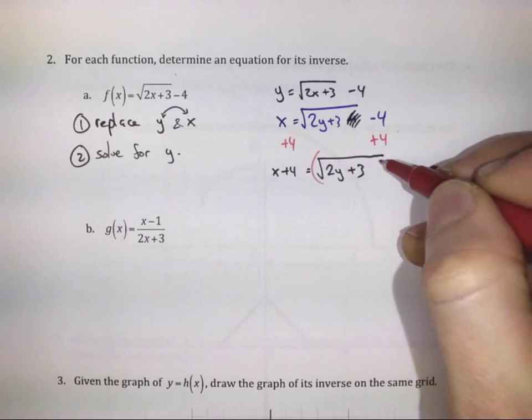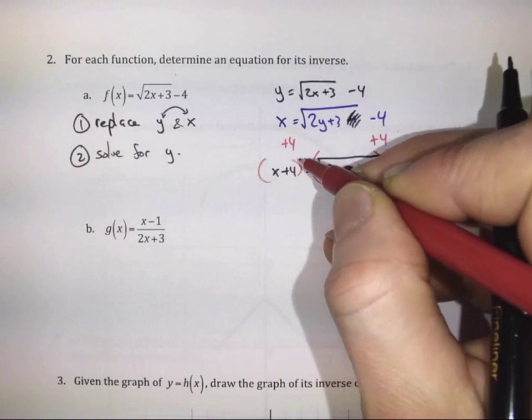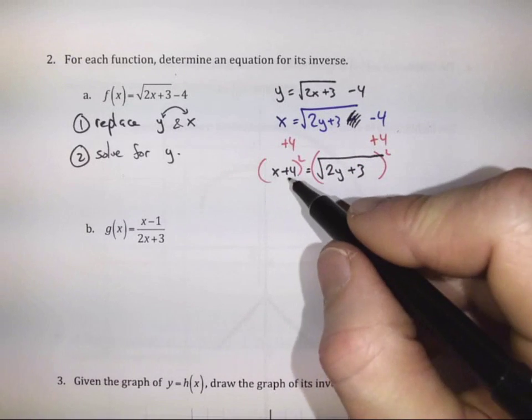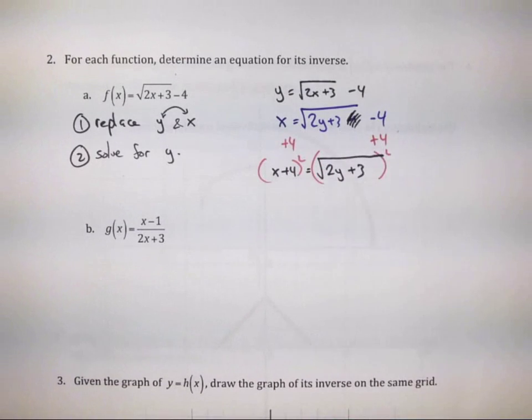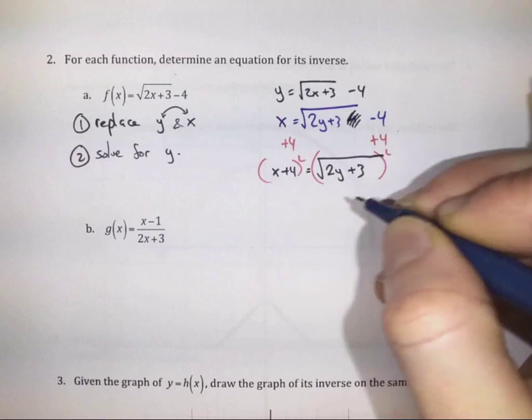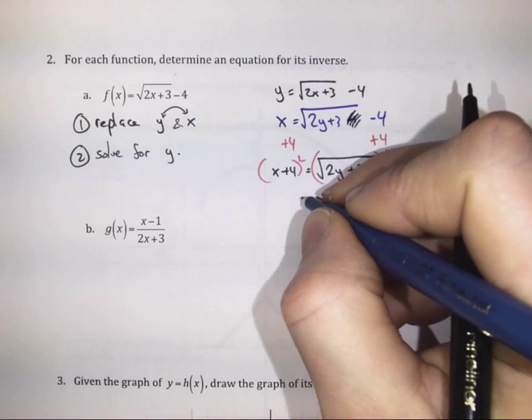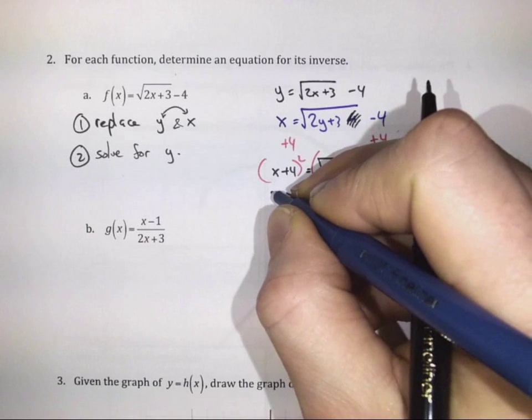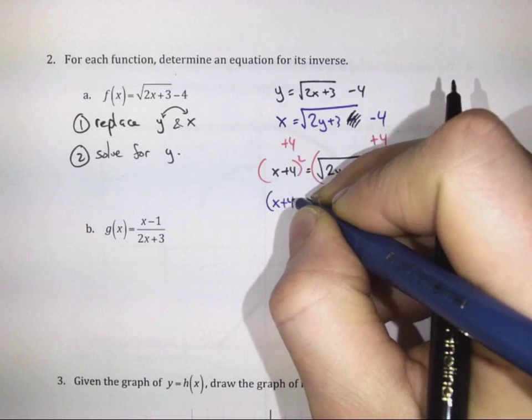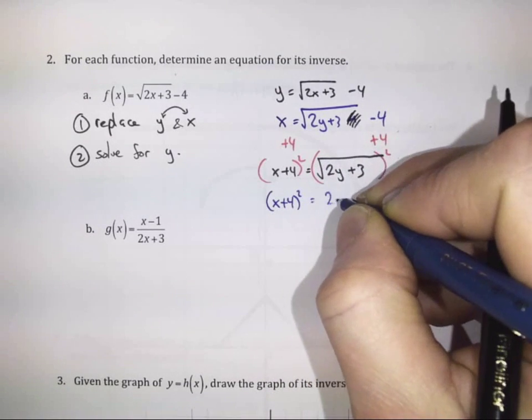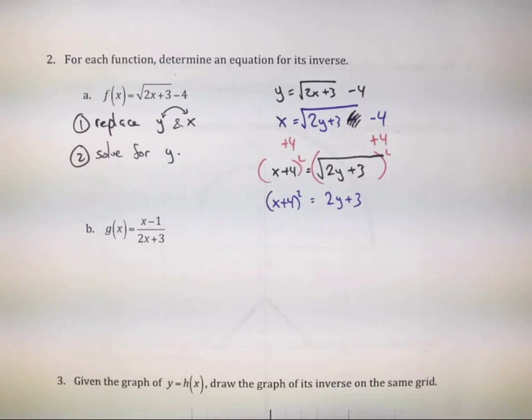And then we're going to square both sides. And I'm not actually going to expand that. I'm going to leave it in brackets. All right, so that's going to be x plus 4 squared is equal to 2y plus 3.